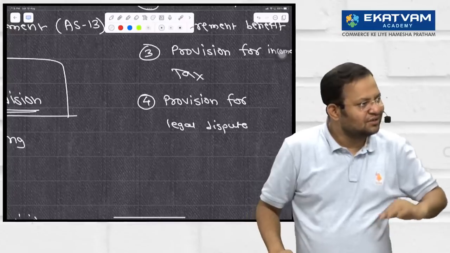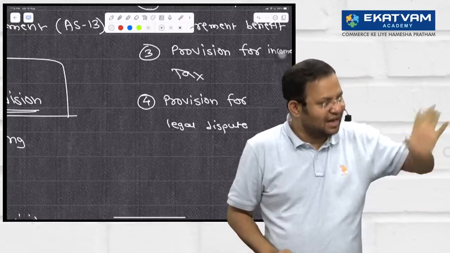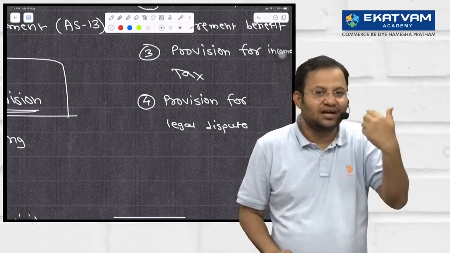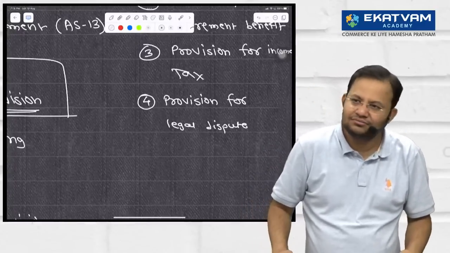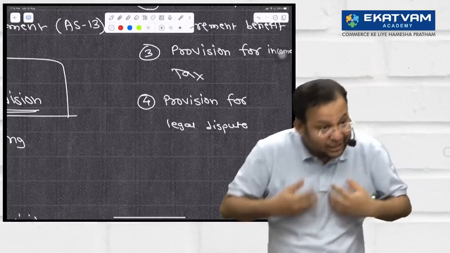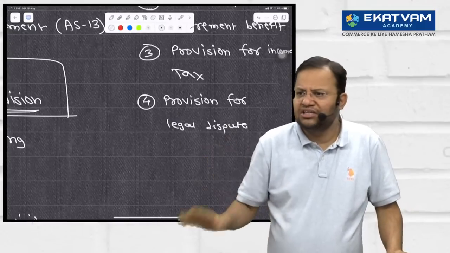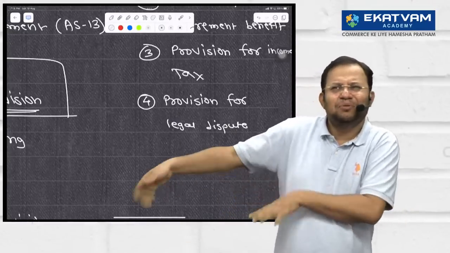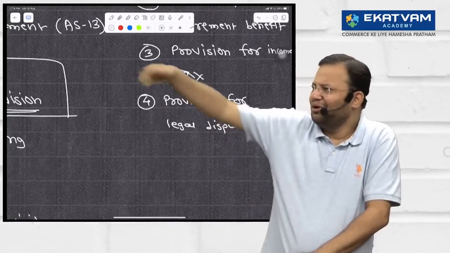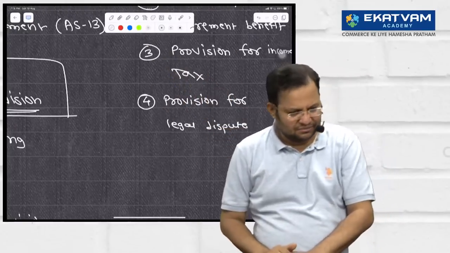Some companies show an actual provision or liability as contingent, and that is fraud. There is actually a liability, but they show it as a contingent liability by saying the probability is very low, we are going to win the case, and so on.